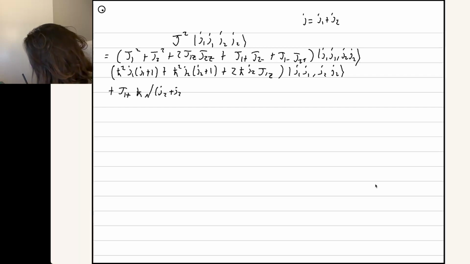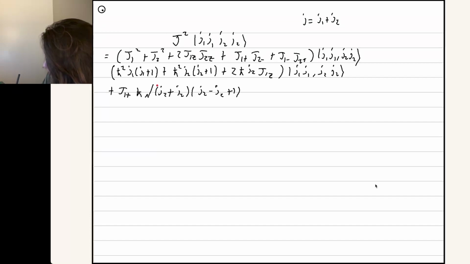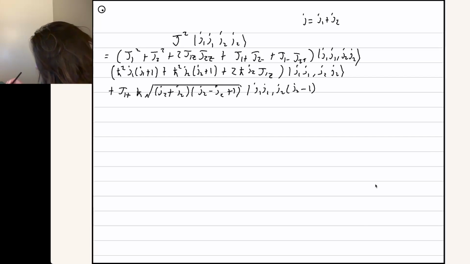No, this one is actually a lowering operator. So this is J2 plus J2, and then you're going to have J2 minus J2 plus 1, and it's going to lower the second M value. So it's going to be J1, J1, J2, J2 minus 1.